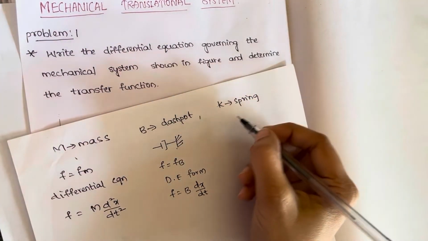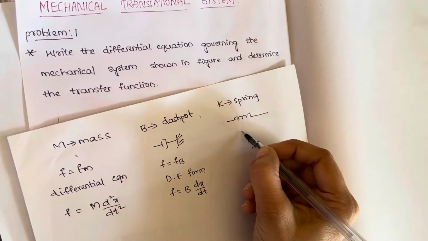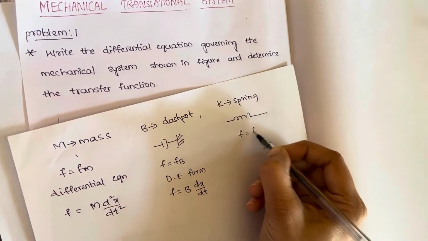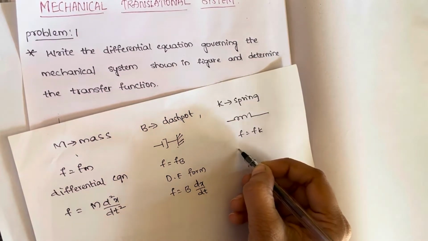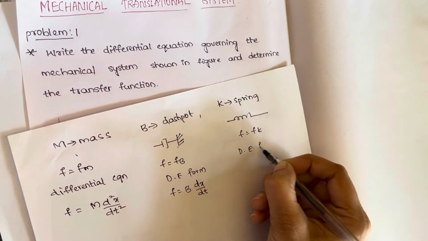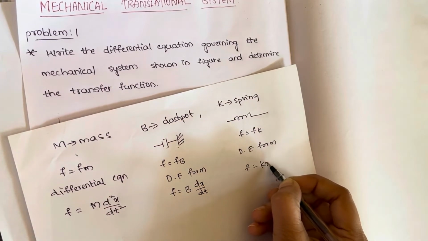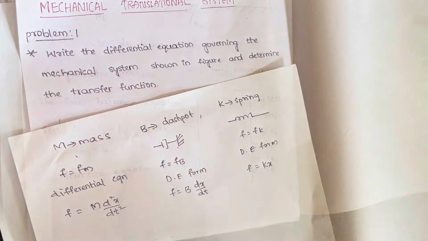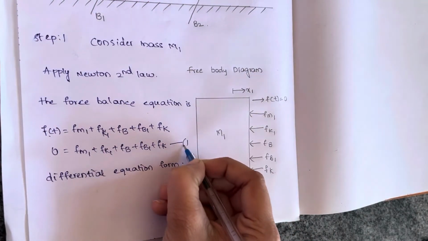For spring, this is the spring we have. F equals fk, and the differential equation form will be f equals kx. Very simple. So let us assume this equation as equation number 1.